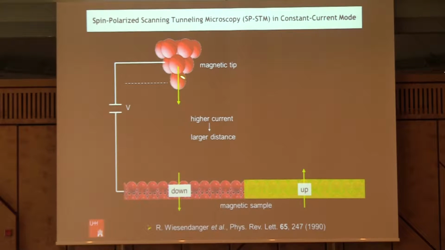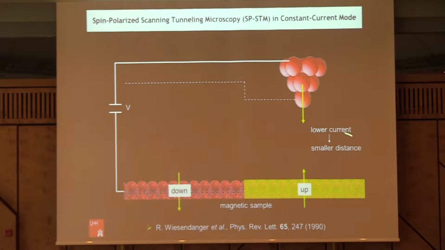In the situation where we have a parallel alignment of magnetization in the tip and locally on your surface, we have a low tunneling gap resistance, whereas in the case of an antiparallel alignment, the resistance would be higher, meaning the spin-polarized part of the tunneling current would be smaller. This means that in a constant current mode, the tip has to go closer to the surface. And so you get an apparent height change, as you can see here, even if the surface is atomically flat and you only have this kind of domain structure.